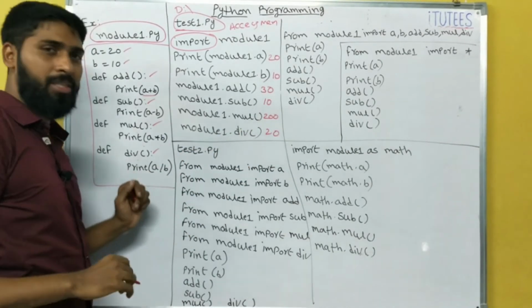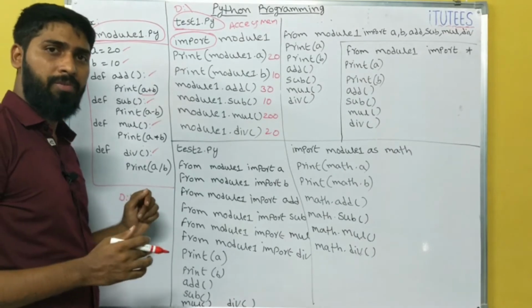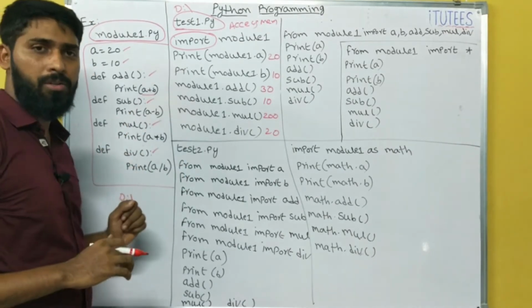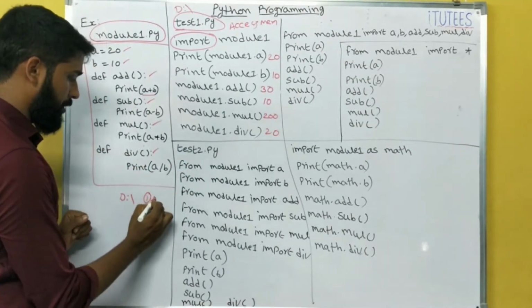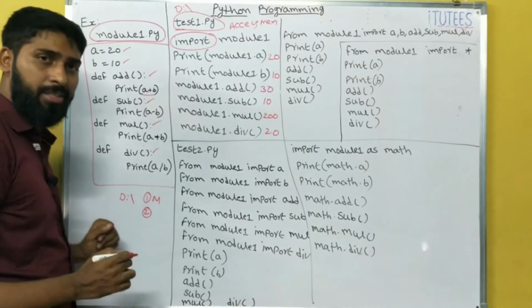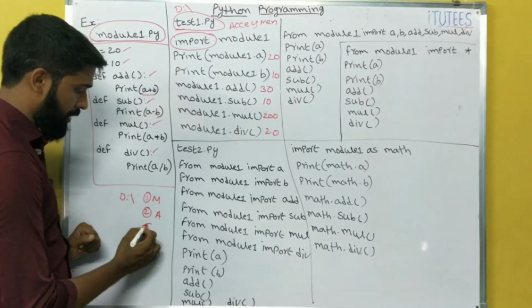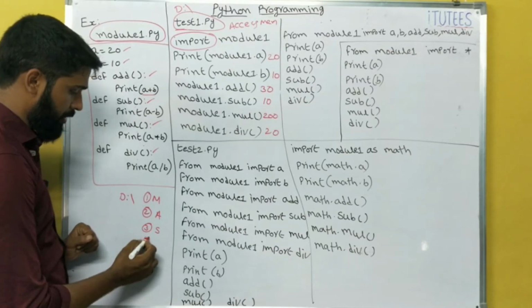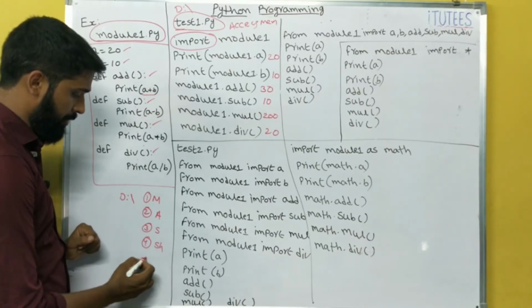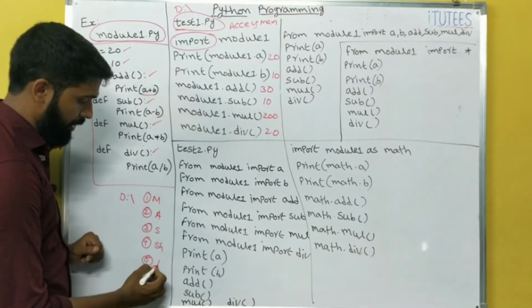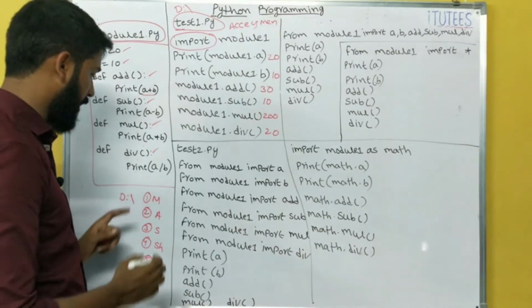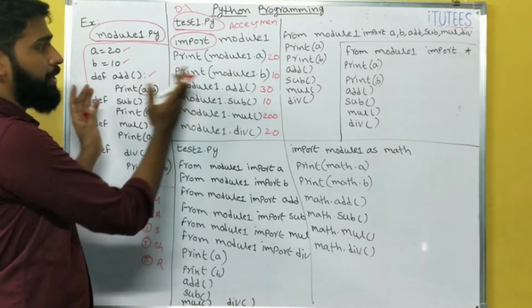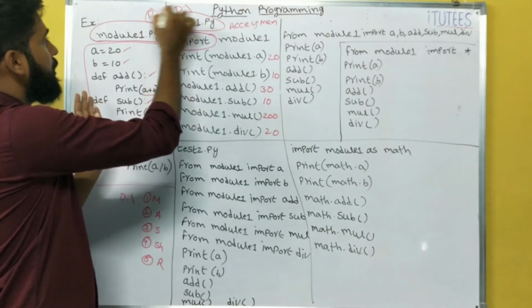Okay, so what we discussed already, the advantages of modules are: one is modularity, second is abstraction, third is security, fourth is shareability, fifth is reusability. Modularity means we can divide the problem into sub-problems.